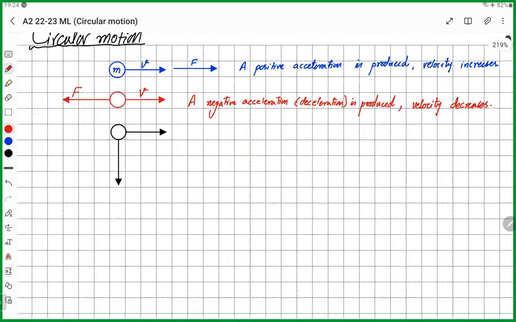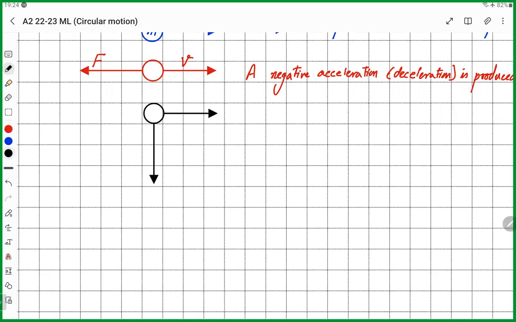But these two cases are what we are discussing today. We are here for the third case. A mass m, which is moving towards right like this, and it is engaged by a force which is simultaneously perpendicular to the direction of velocity. So what will happen?